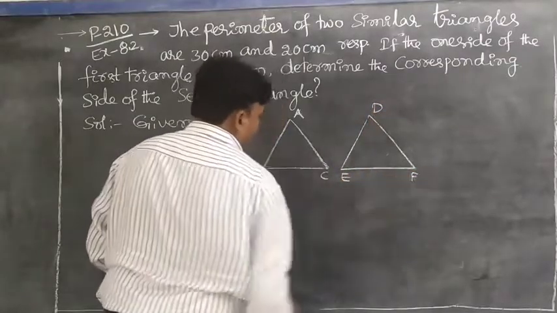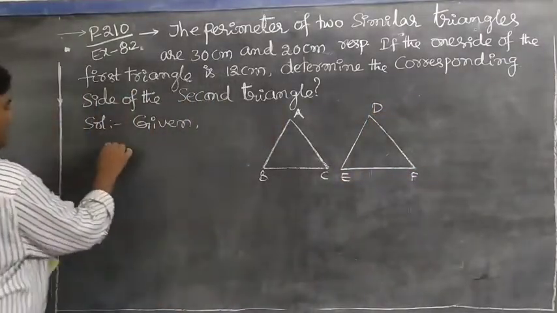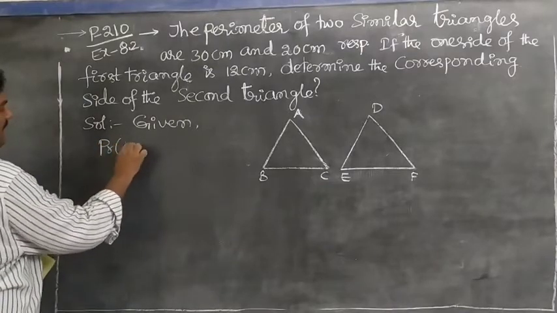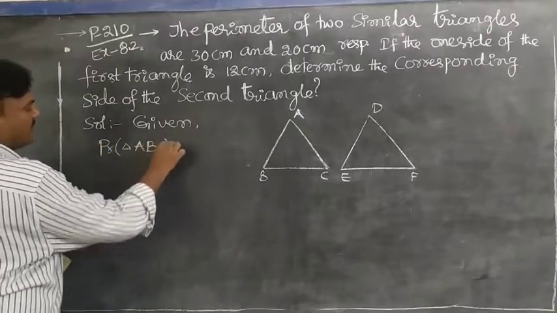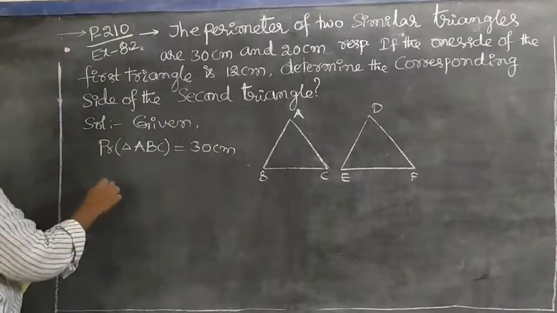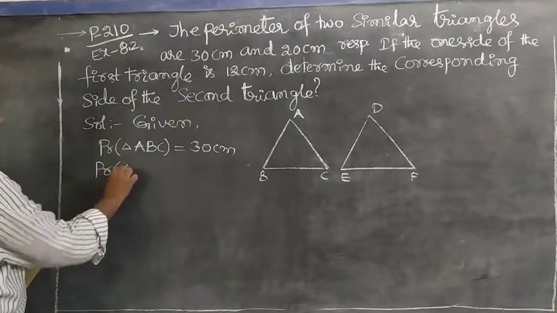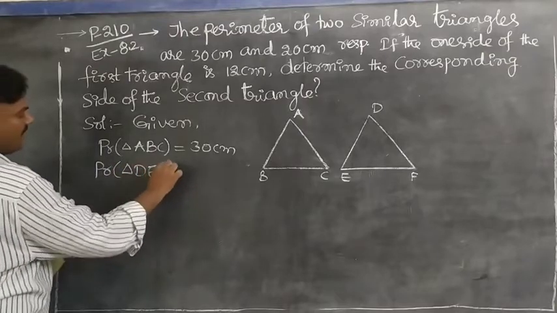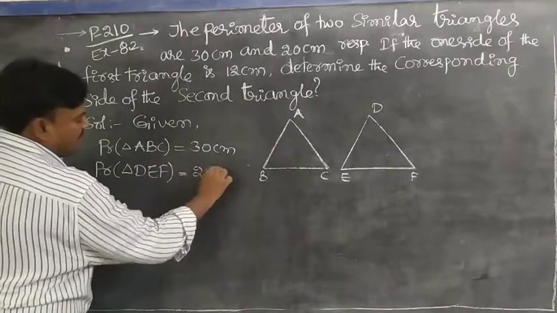Perimeter of triangle ABC equals 30 centimeters. Next, perimeter of triangle DEF equals 20 centimeters.